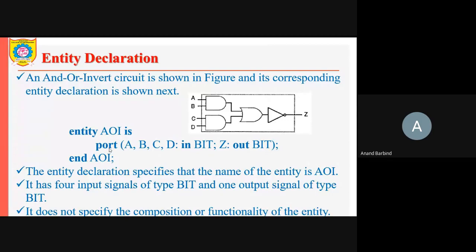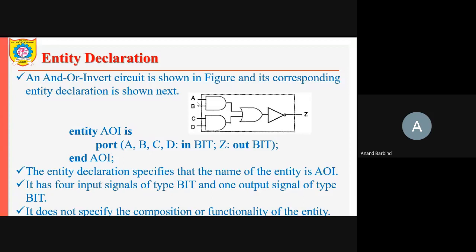Then we want to specify the ports for this entity, so we write the port keyword. In brackets, you need to write down the description of the input and output pins for this entity. The input pins are A, B, C, D. So you write A, B, C, D colon in, and you need to write its type, and its type is bit.